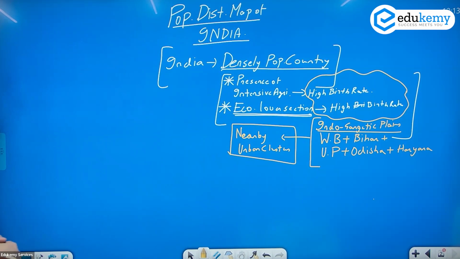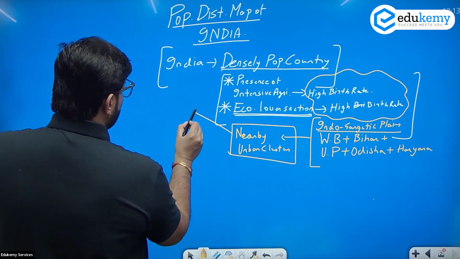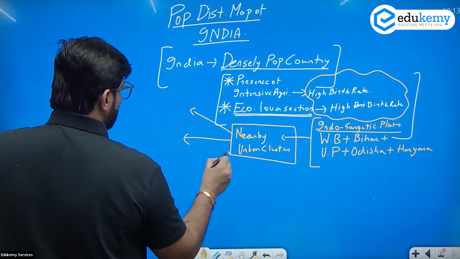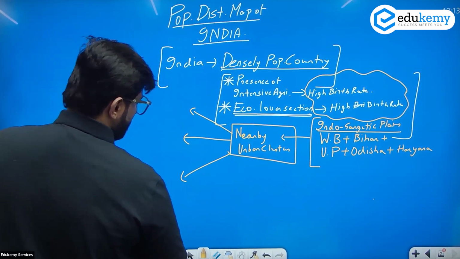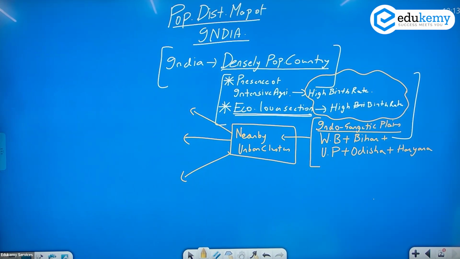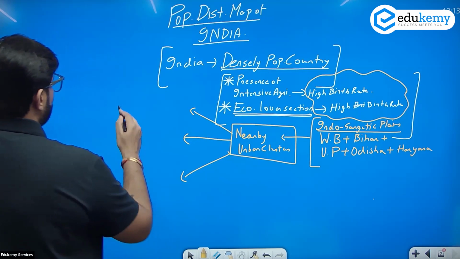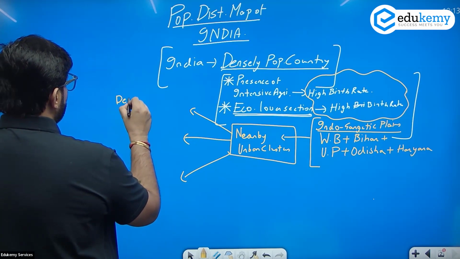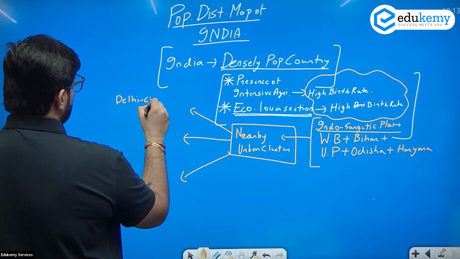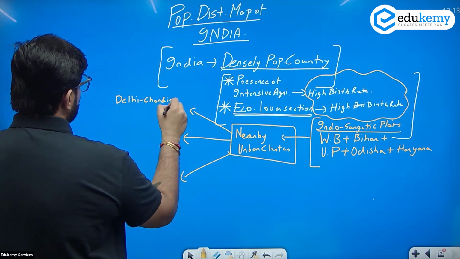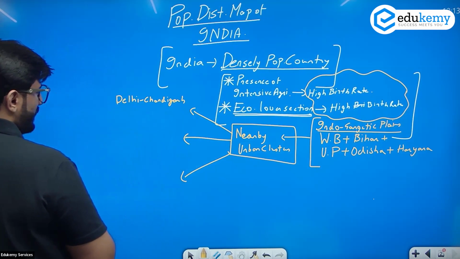And when they have moved to the nearby urban clusters, there are three areas in India which have become very densely populated. We have the Delhi-Chandigarh cluster, which is densely populated.